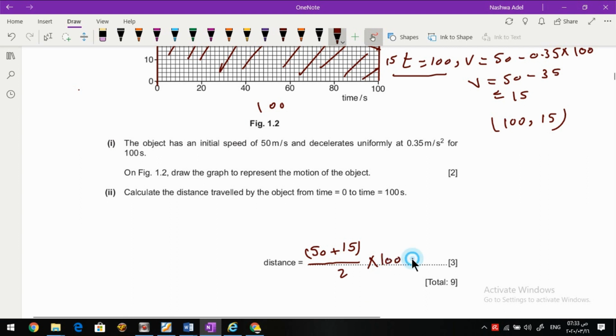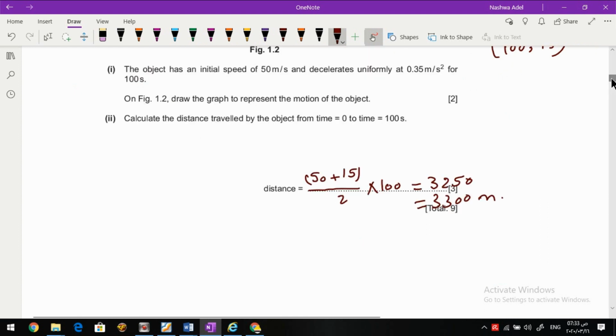We can find it to be 3,250. When we round it, we can find it to be 330 meters. Okay, this is the first question. Thank you for watching.